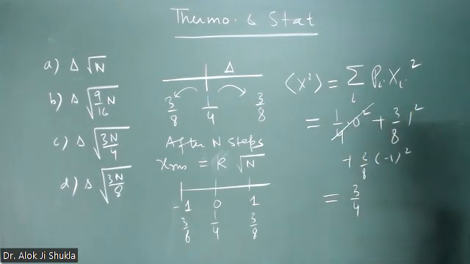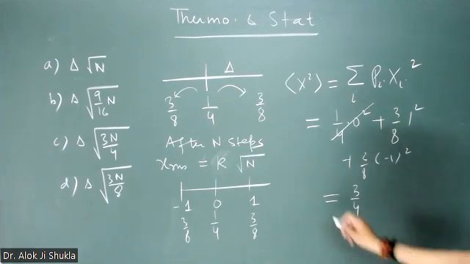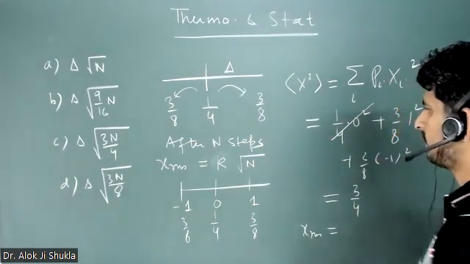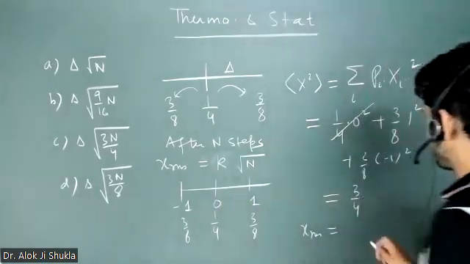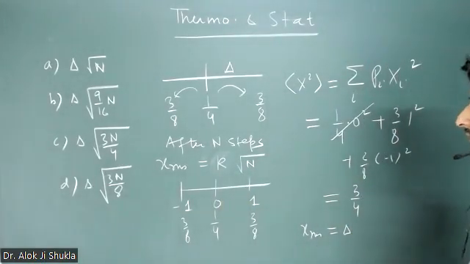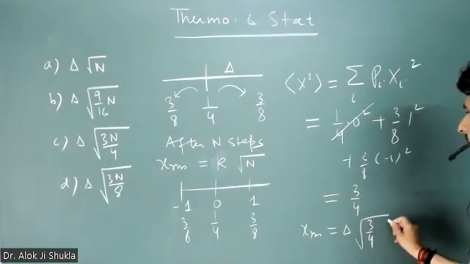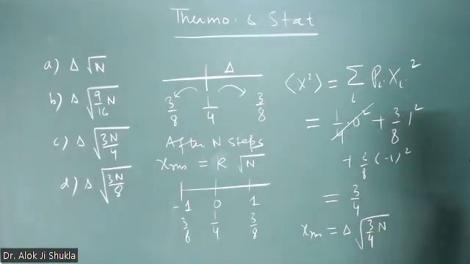So for x RMS, take the under root. x RMS is equal to k, what is it? Delta times under root 3/4 into n. Did everyone understand?